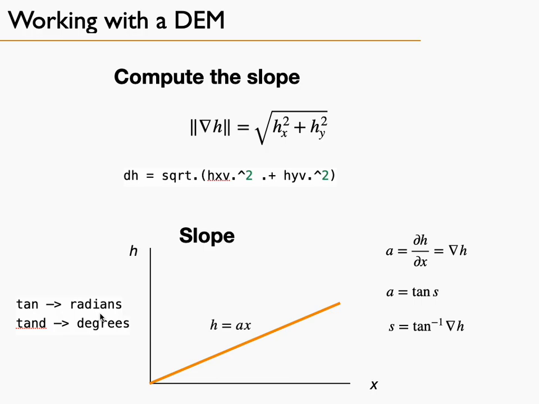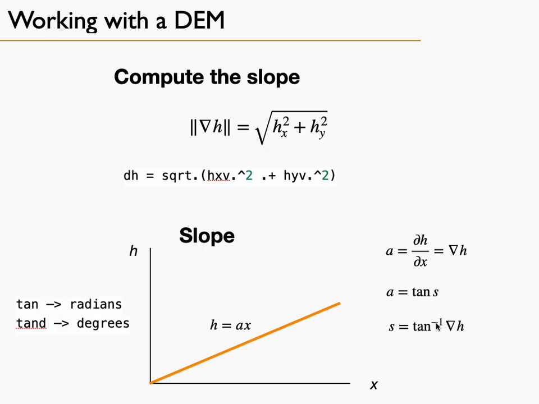In all the languages we consider now, there are two functions that can be used for trigonometric computation. So tan will require using angles in units of radians, and tand will allow you to use angles in units of degrees. So you can use either of these two functions.